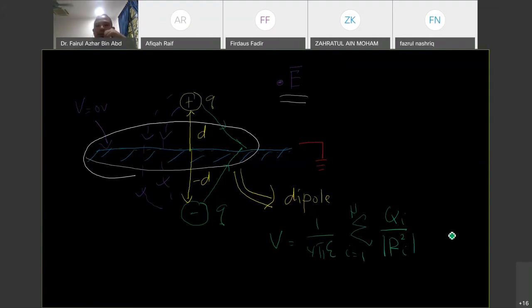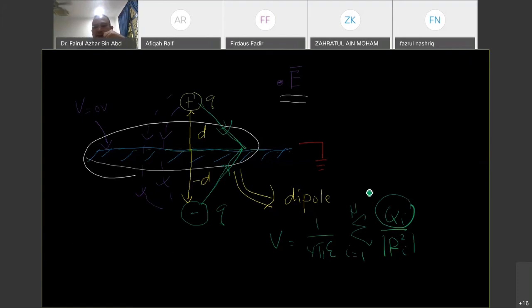Because the distance from the original charge and from the image charge to the zero volt plane is the same, the direction from each charge to the plane is also the same. So we will have zero, because the values of the charges are opposite.